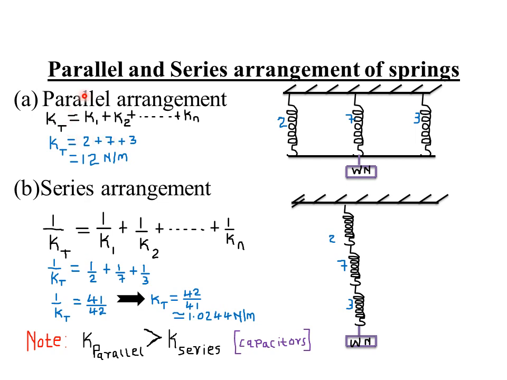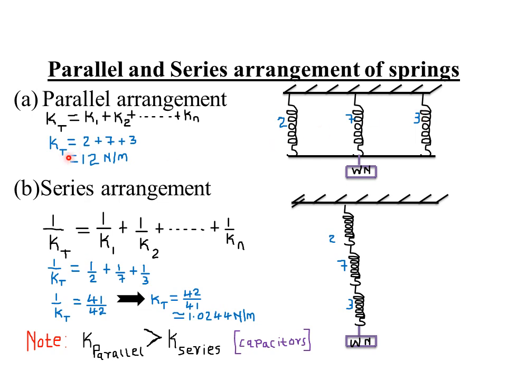So whenever springs are arranged in parallel, if you want to find the total spring constant, you just take the summation of the individual spring constants of those springs. We can look at an example. Assuming the first spring has a spring constant of 2, the second spring has a spring constant of 7, and the third spring has a spring constant of 3, all in newtons per meter.